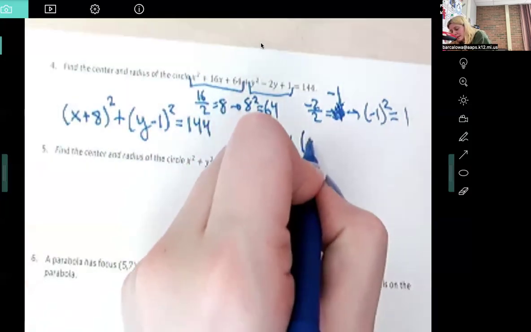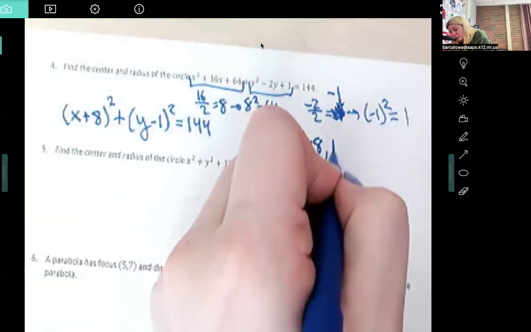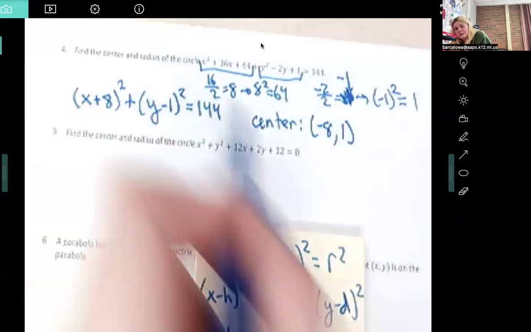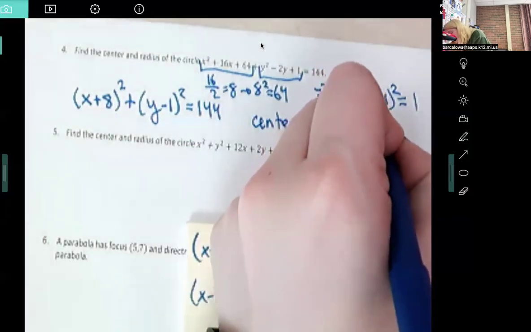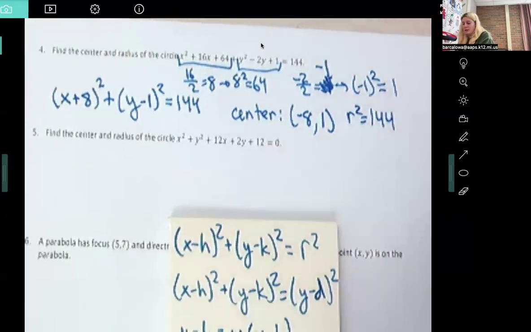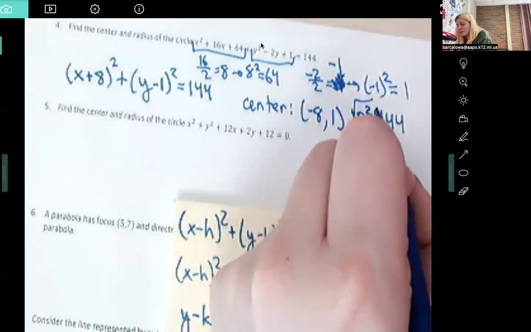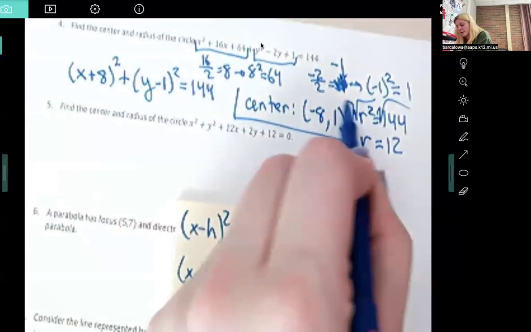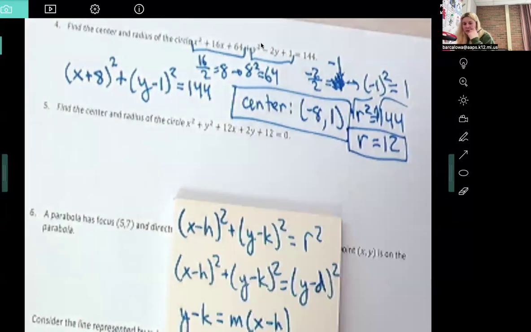So center should be -8, comma, +1. And my radius, I know that this is r squared. So r squared is 144. So if I square root to cancel, that means r must be 12. Okay, so that was the final answer it was looking for, center and radius.